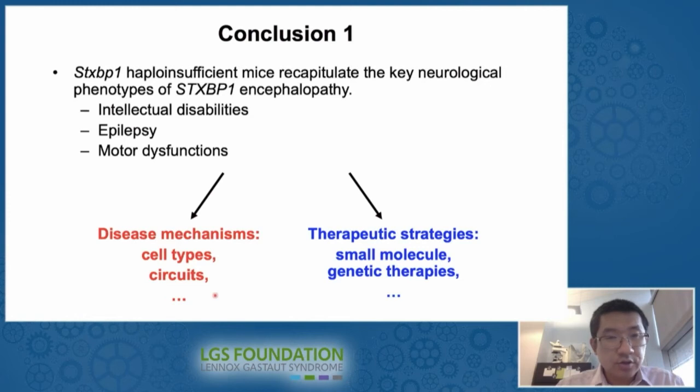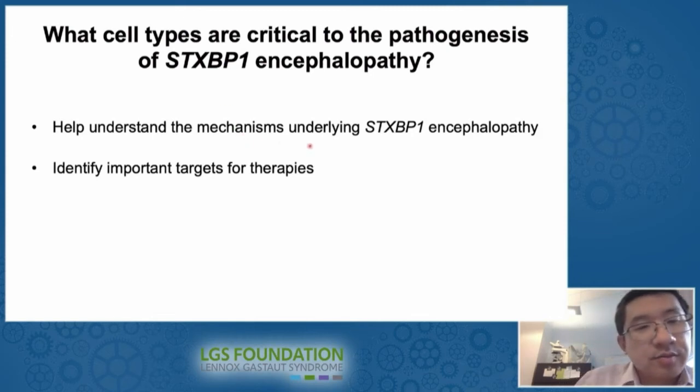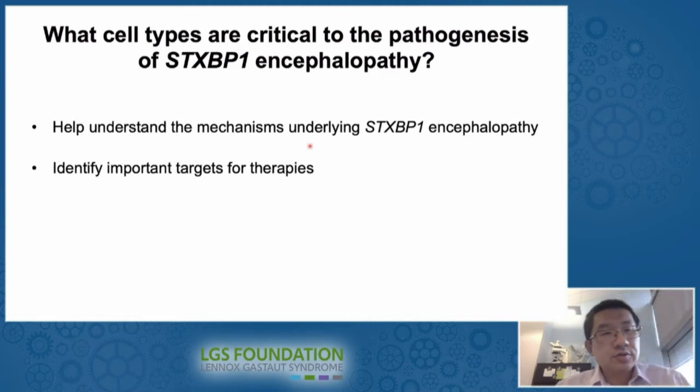So a key question that we want to answer is what cell type is critical for the pathogenesis of XDX-BP1. Because this will help us to understand the mechanism, but it's also important for us to identify the target for therapeutics, right?